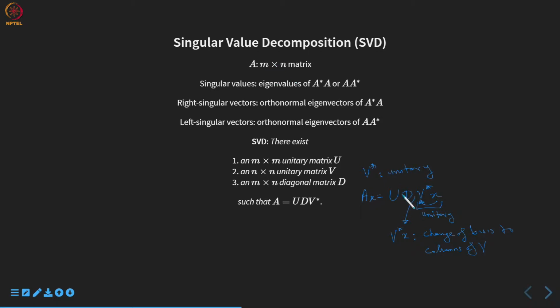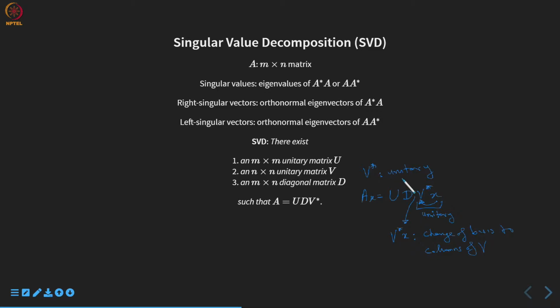After multiplication by D, it's only an M length vector, and that M length vector gets multiplied by U. Now there is a further change of basis by this unitary matrix U. And what does a unitary matrix do? I shouldn't say nothing much, be careful here. It just sort of rotates. It doesn't change the metric, the norm doesn't change. So any A, however complicated it may be, always decomposes like this: unitary multiplied by diagonal multiplied by unitary.